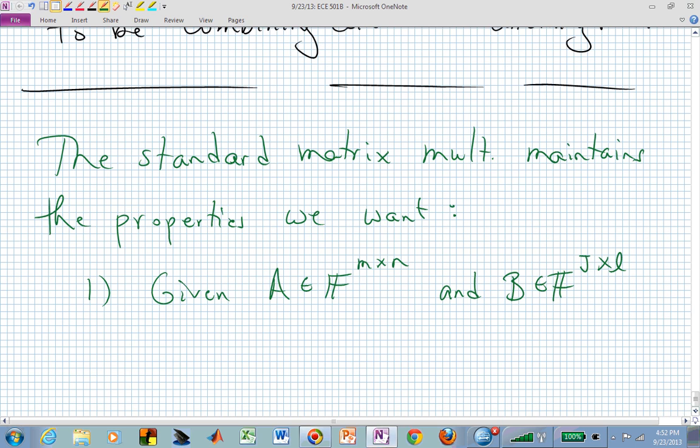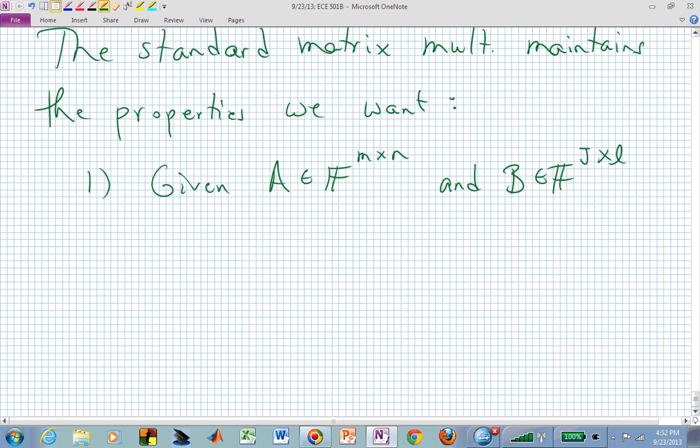What's the only time when this matrix product is going to be defined?